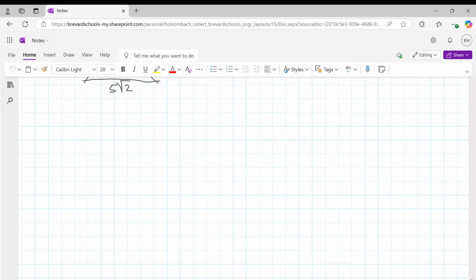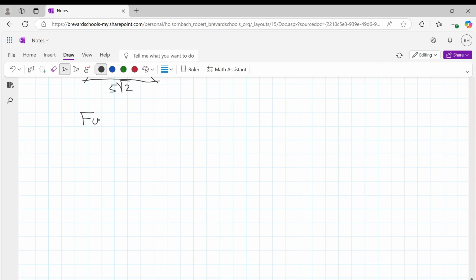All right, so today we are going to be working with function operations.